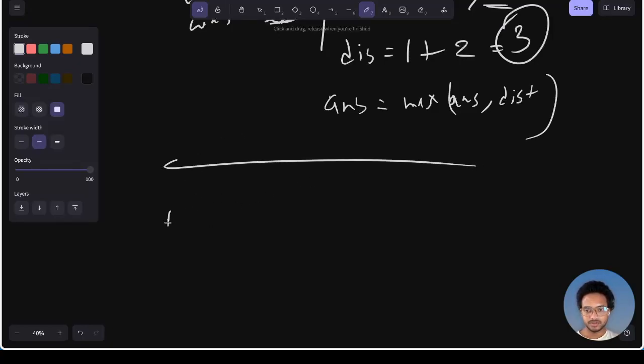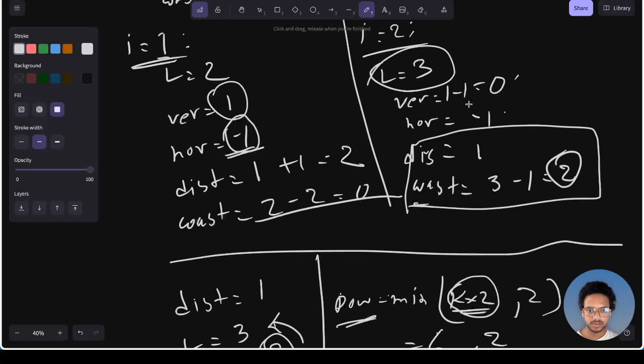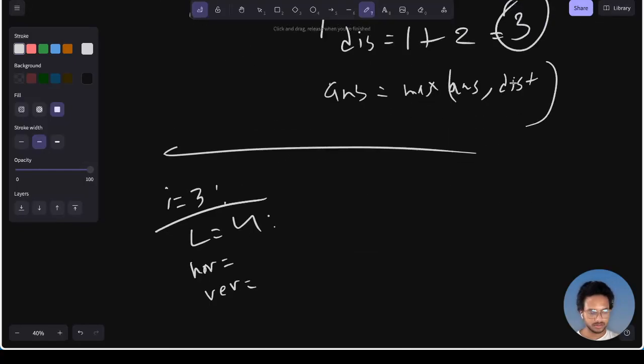Now, if I is equal to 3, my length should be 4, right? And what about my values of horizontal and vertical? My previous value of horizontal was minus 1 and vertical was 0.